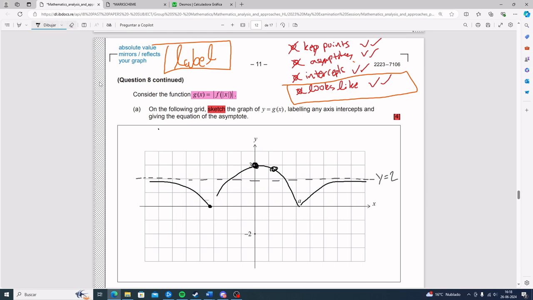So just to really get full credit, I will be marking this point as negative a comma 0. This a, well, it's already marked, but I'll just put it as a comma 0. Here I can put 0 comma 3. I marked my asymptote. I'm good to go. See, so this would give me the whole 4 points. And yeah, that's about it for part A.